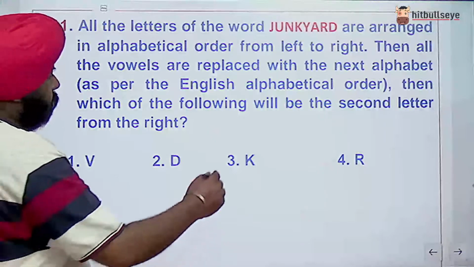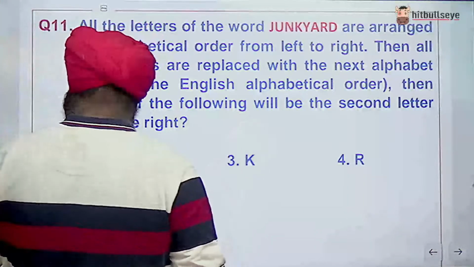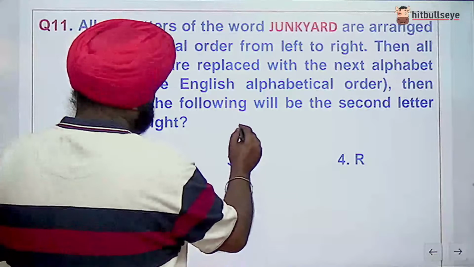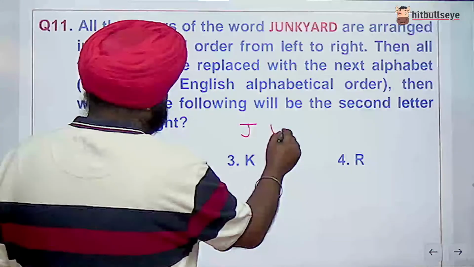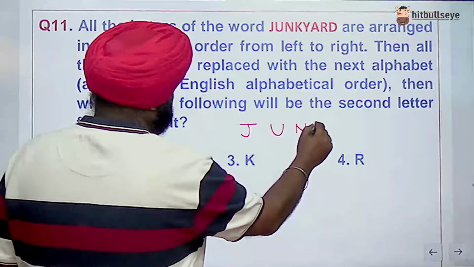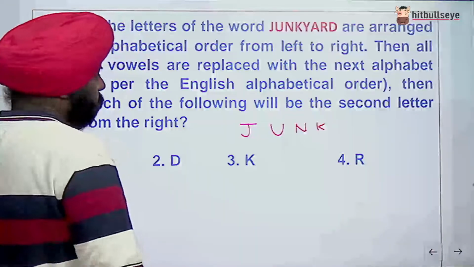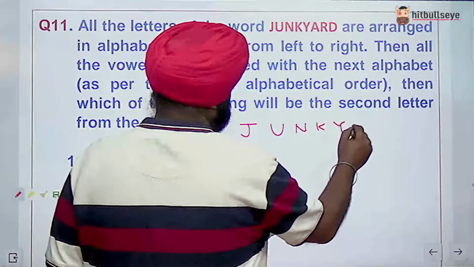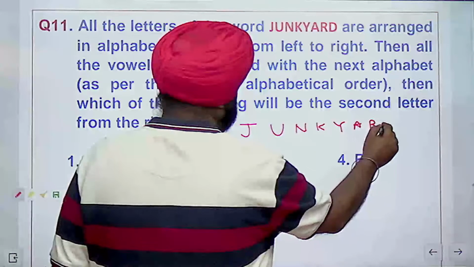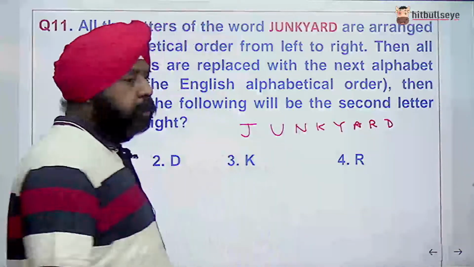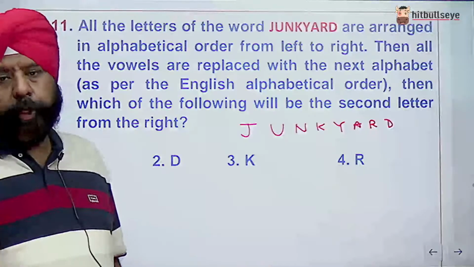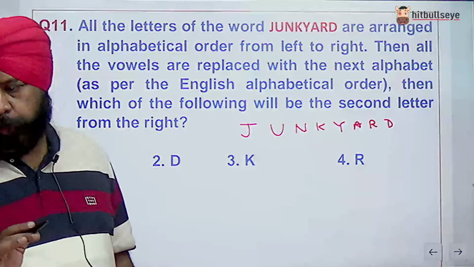So if I write the position of alphabetical order, let us do this question: J-U-N-K, Y-A-R-D. If you know EJOT, what is EJOT? I hope you remember the word EJOT.